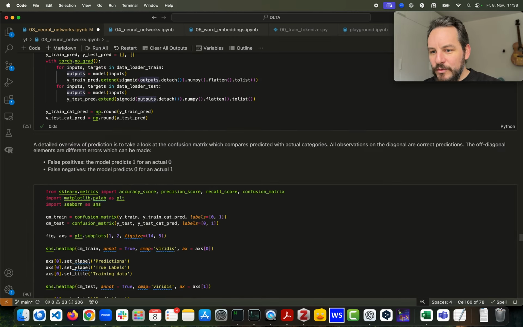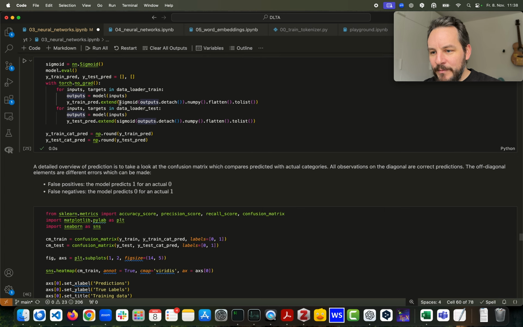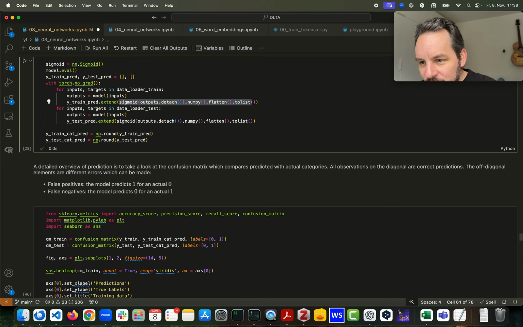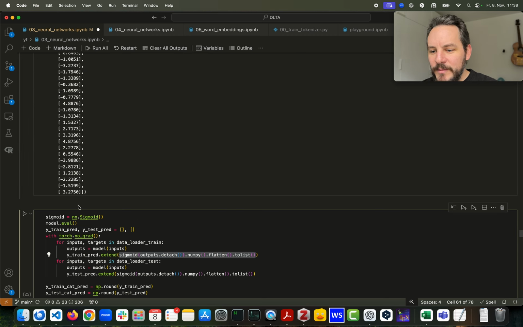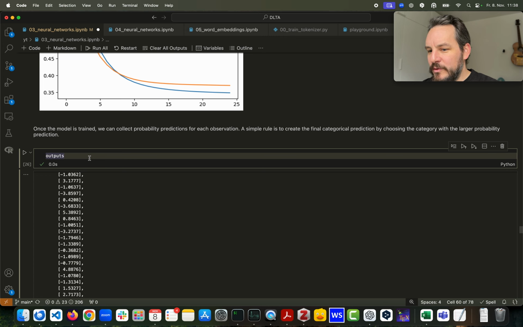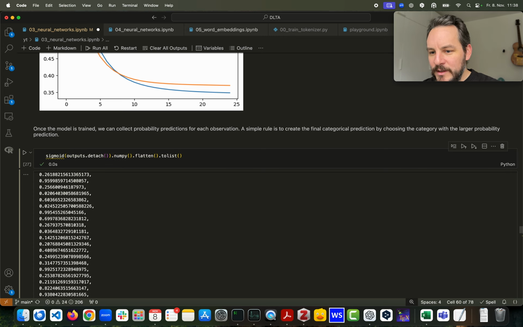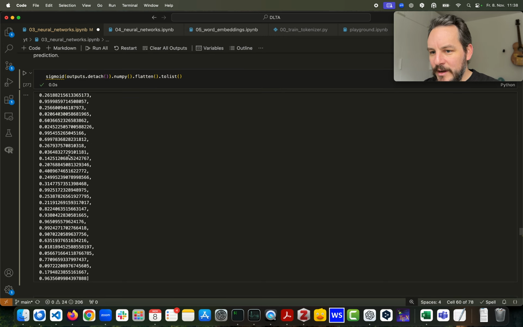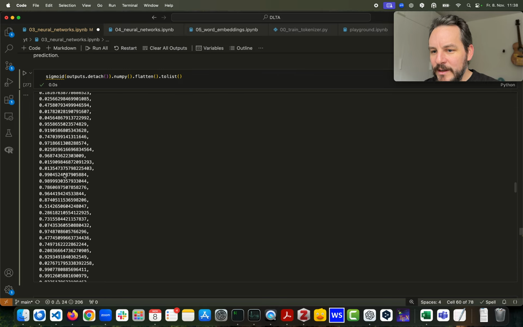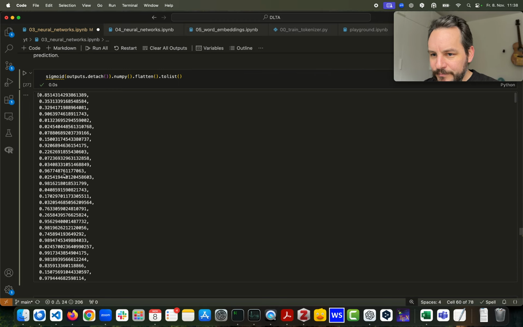So what we can do is, let me show you how this would look. Starting from the scores of a trained model, if you put this through the sigmoid function, you will see that those are probability predictions.